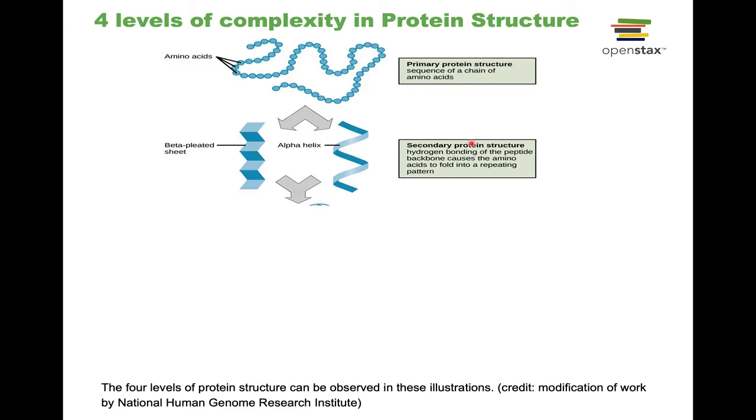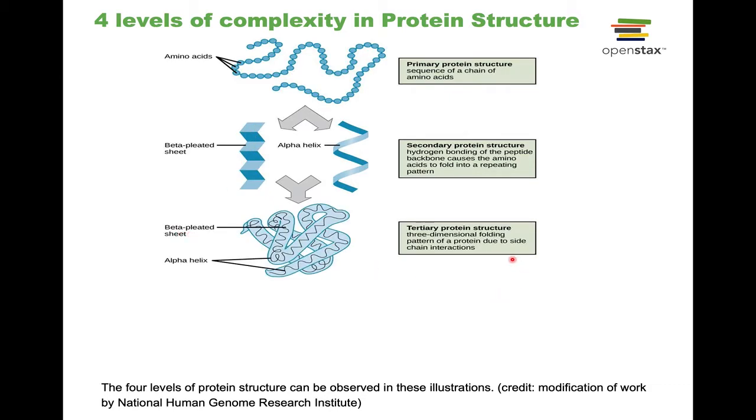Then we go to secondary protein structure, which is a little bit higher level of complexity, and this is when the protein folds in a local region within the protein to form either of 2 shapes, either an alpha helix, which looks like a helix, or a beta pleated sheet, which is kind of like an accordion. This protein folds on itself.